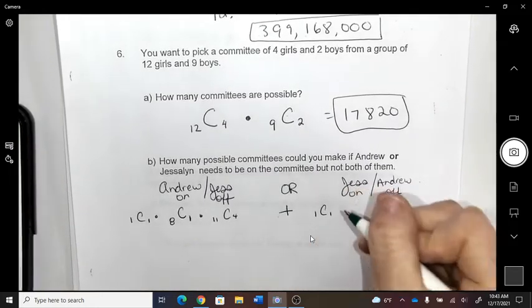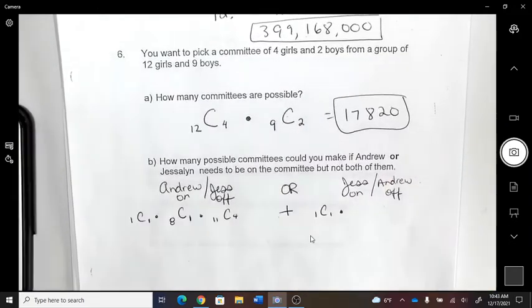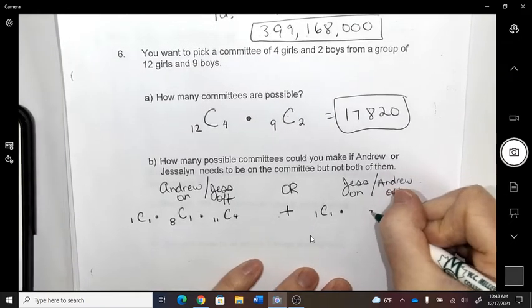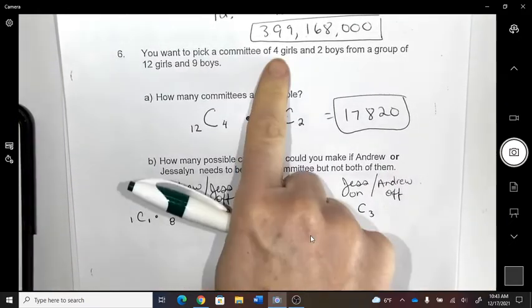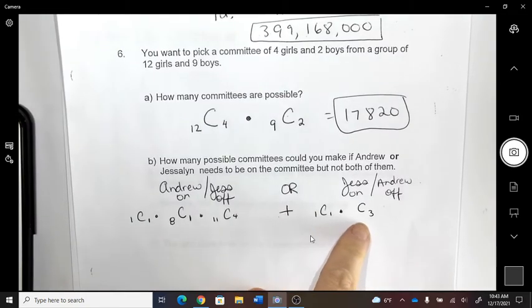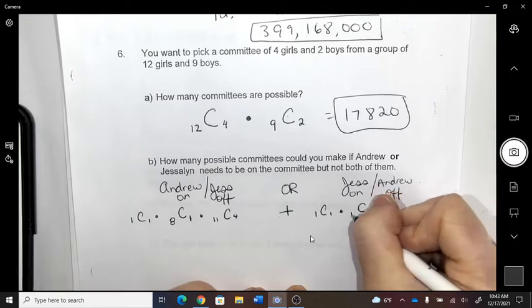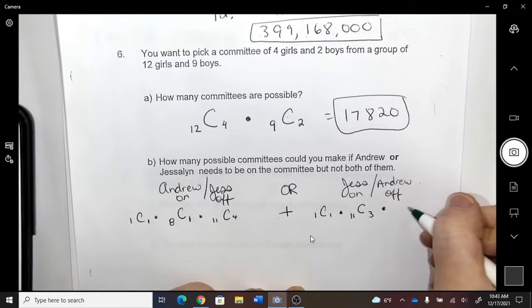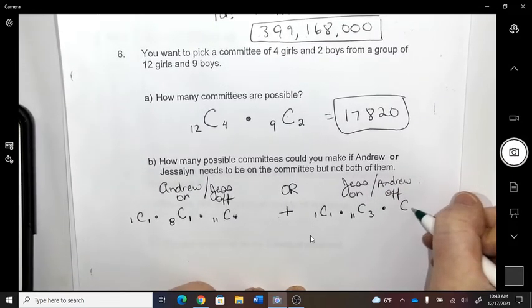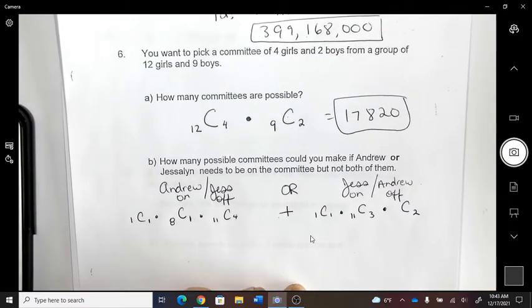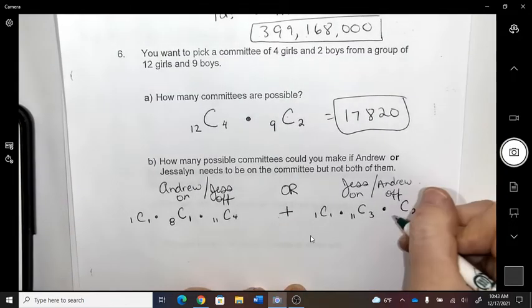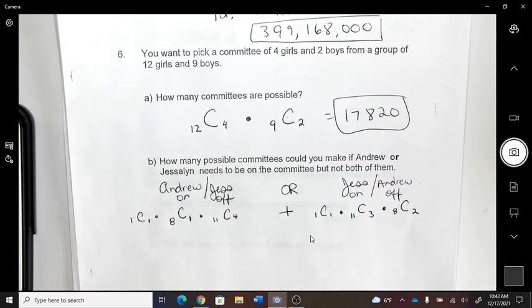If Jess is on, so Jess is on there, which would mean I still need 3 girls on my committee. So I would need 1 more girl. And now I only have 11 girls to pick. And I would still need 2 boys. And I can't pick Andrew, so the 9 turns into an 8.